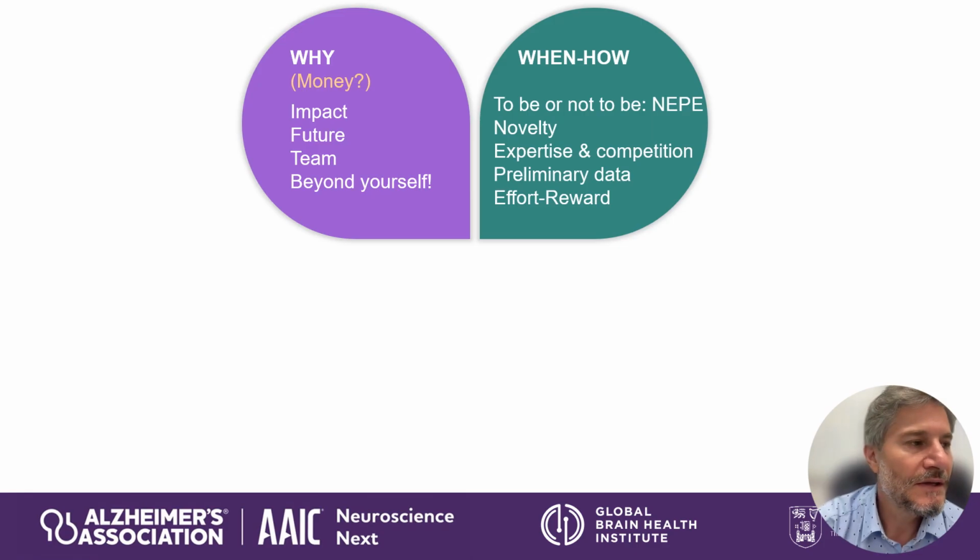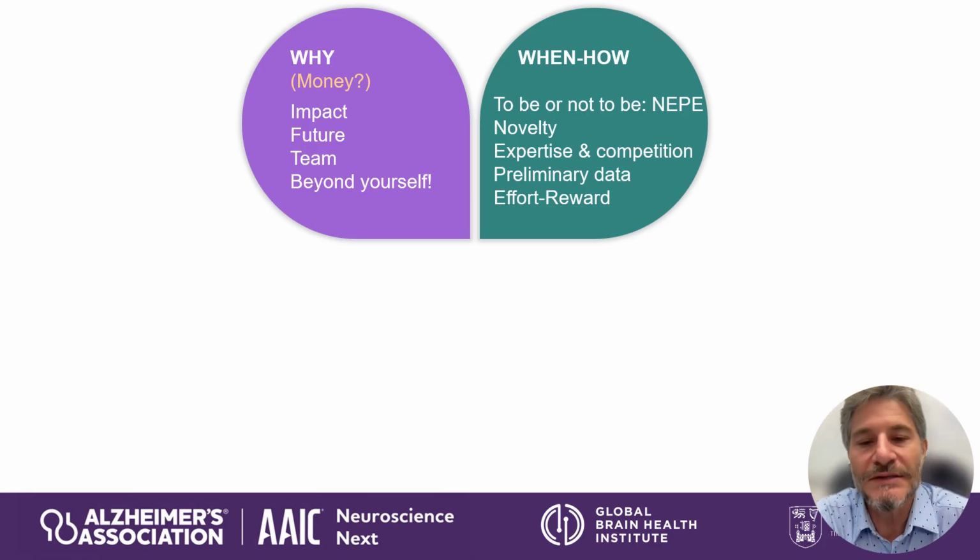The other thing is to think about whether exactly the same project is going to be developed by another group that has more resources or more expertise. Maybe it's not a good idea, or maybe you can contact people who are expert in the field to avoid competition and to maximize the chances of getting the grant.